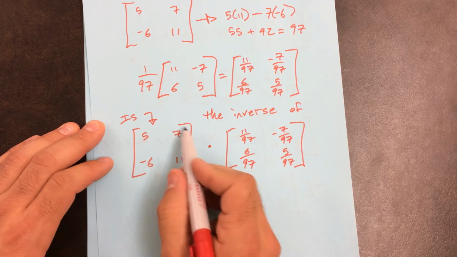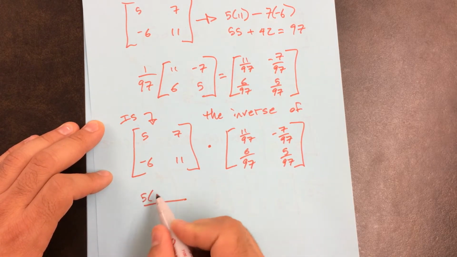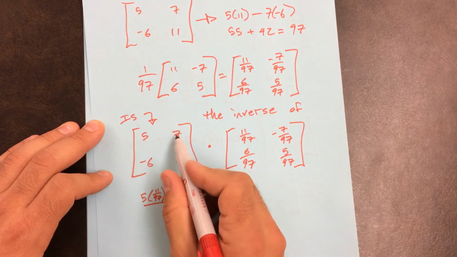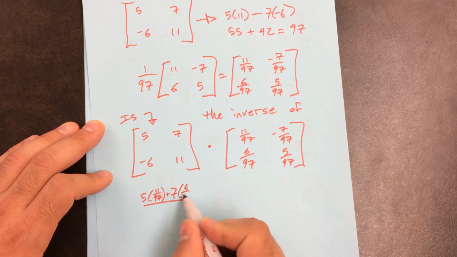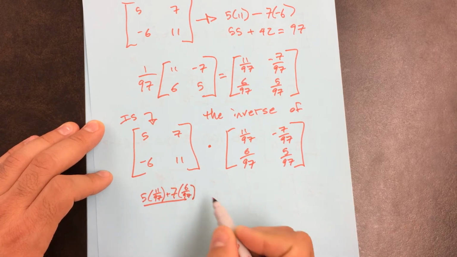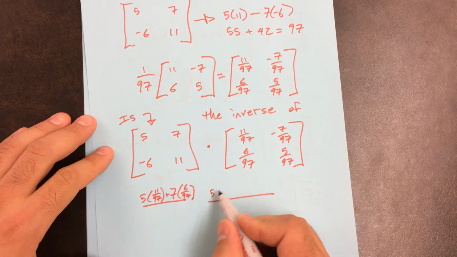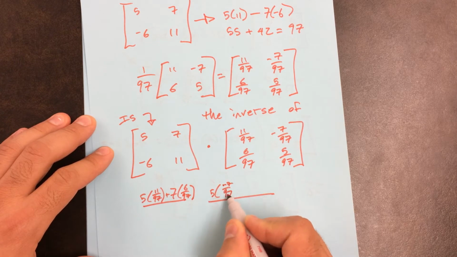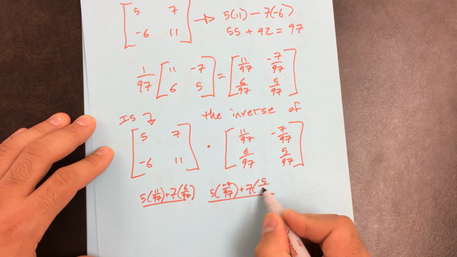So I'm going to do this row times this column, which gives me my first spot: 5 times 11 over 97 plus 7 times 6 over 97. This row times this column gives me my second spot: 5 times negative 7 over 97 plus 7 times 5 over 97.